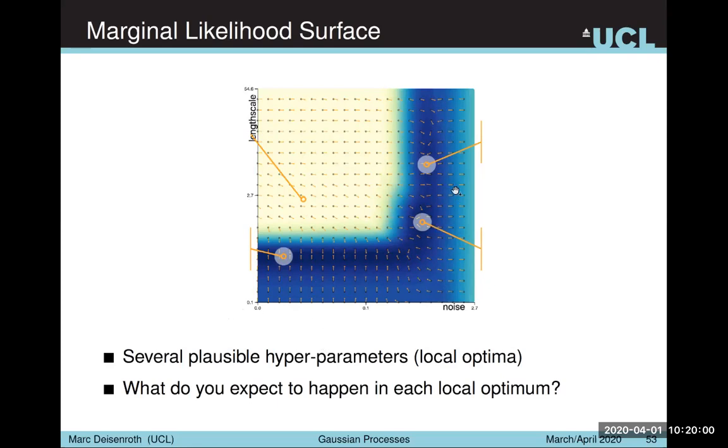What we see here, it's a bit difficult to see, but maybe on the web it's a bit easier, is that we have 3 local optima. So that means, in the first place, the marginal likelihood may give us different answers depending on where we start our optimization.